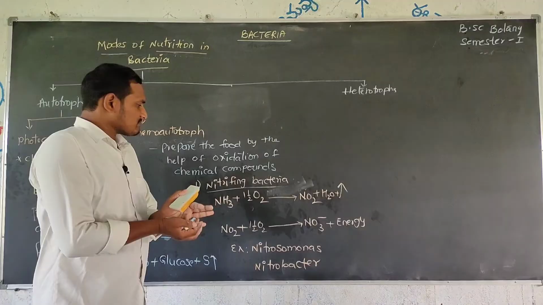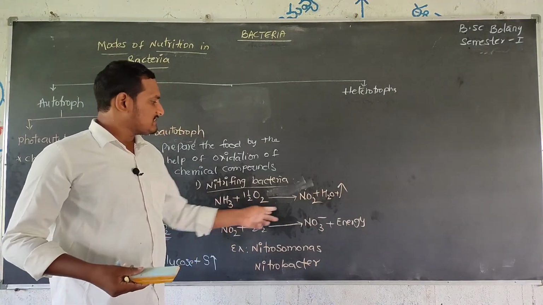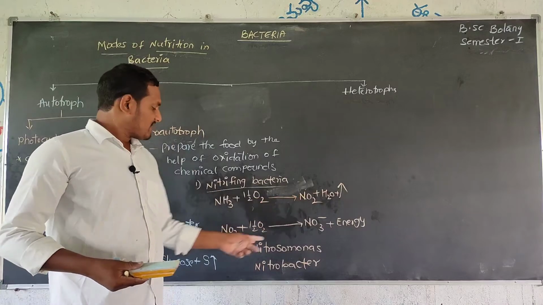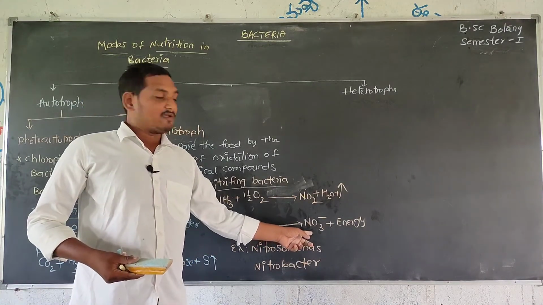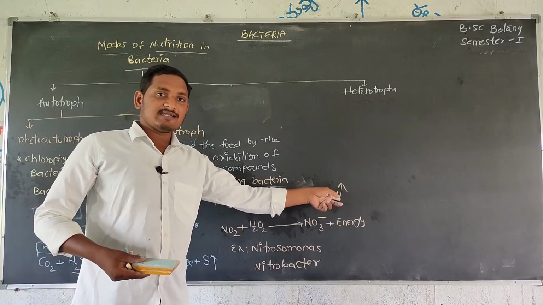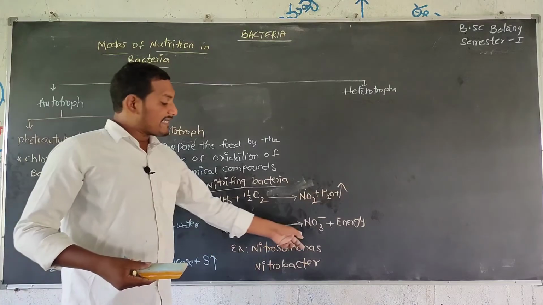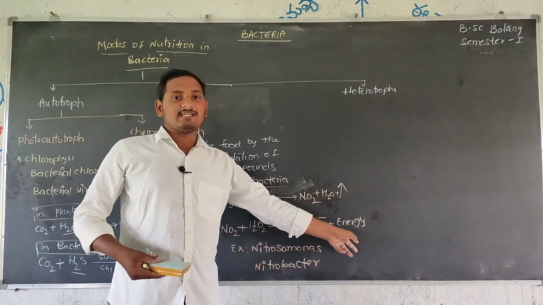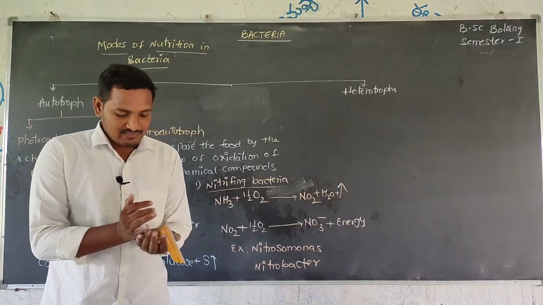It means first ammonia is oxidized into nitrites, then nitrites are oxidized into nitrates. Some energy is released, and that energy is used for conversion of nitrites into nitrates and ultimately releases energy. This energy is used by these two bacteria, Nitrosomonas and Nitrobacter.